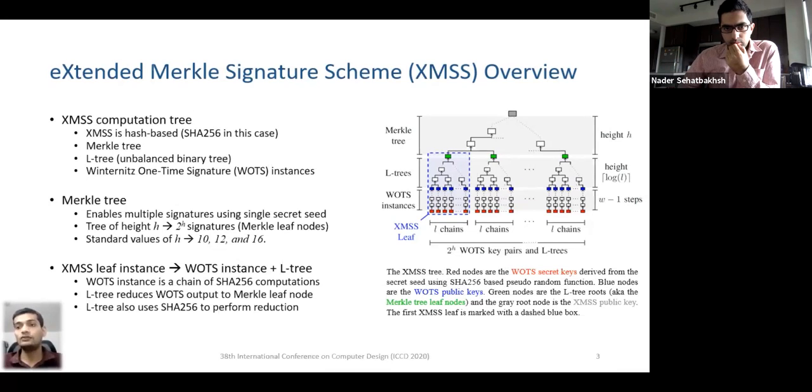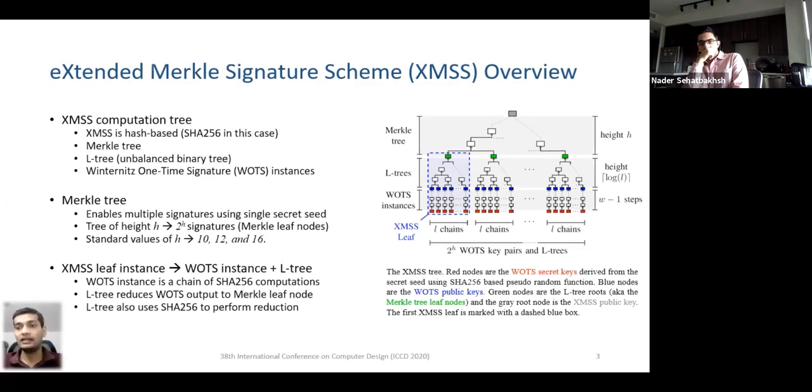Next, the WOTS instance itself is made up of multiple chains of SHA-256 computations, which are depicted as boxes in the diagram. Each chain takes in a WOTS secret key, highlighted in red, and applies the SHA-256 hash function iteratively. The outputs of the WOTS chains are the WOTS public keys, which are marked in blue.